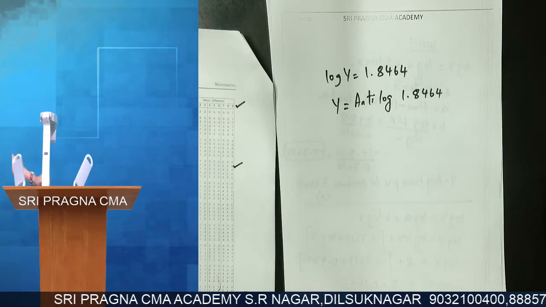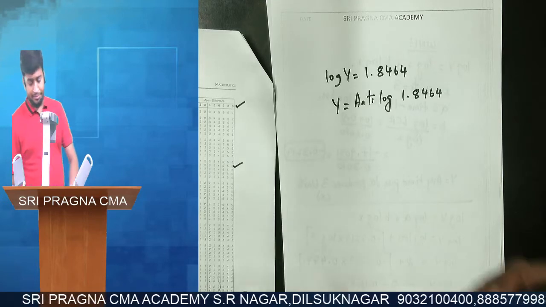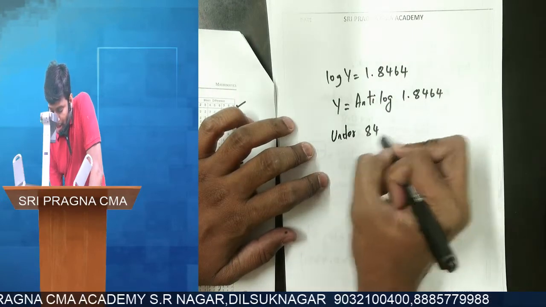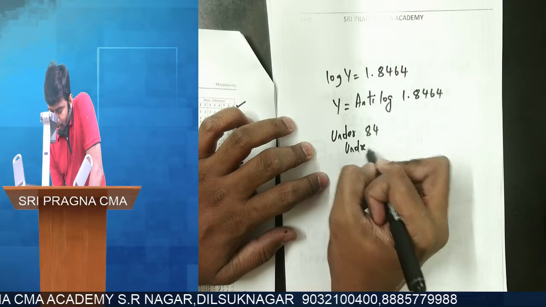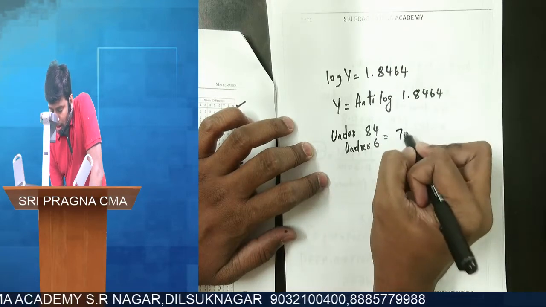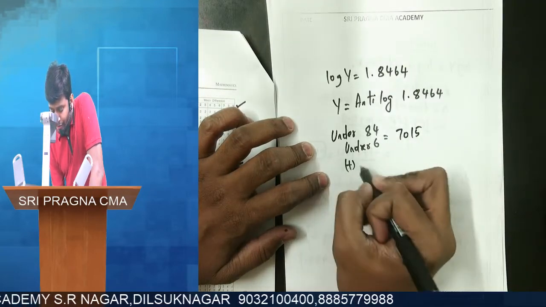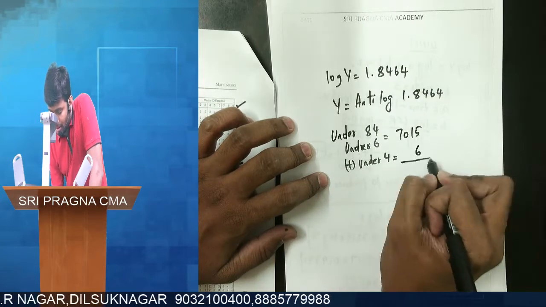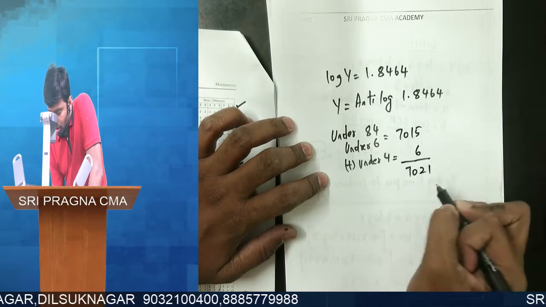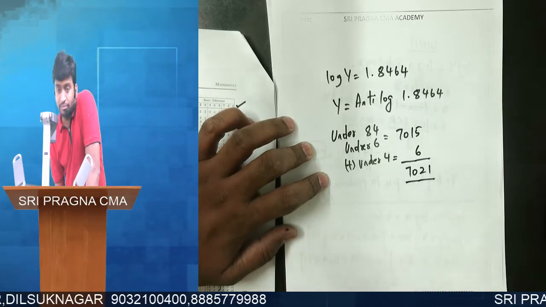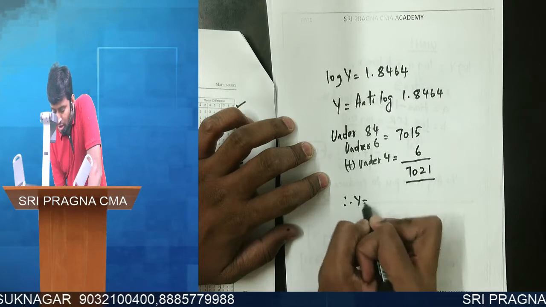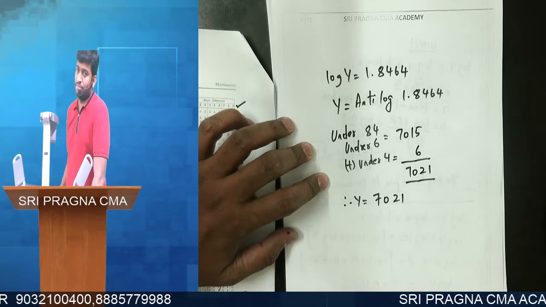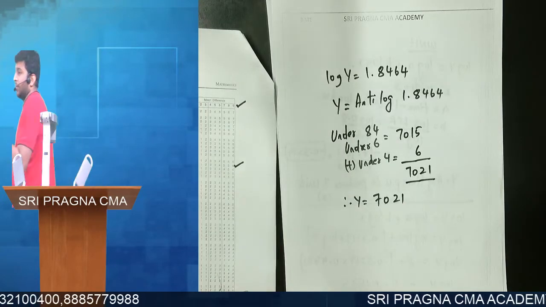Under 84, under 6, 70, under 4, 7021. Therefore y is equal to 7021.